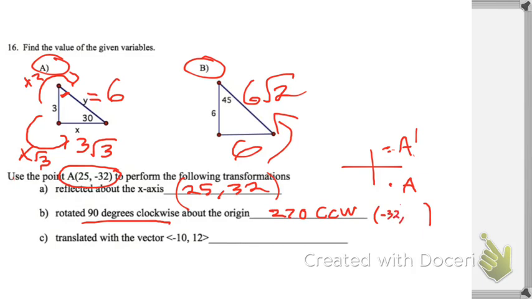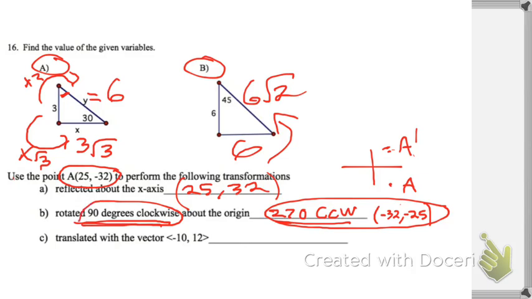And then what I put is the 25 in the back position. But that's the one I changed the sign of. So I make that now negative 25. So there's the coordinate of a 270 rotation, which is the same as the 90 degree clockwise rotation that I wanted. 270 counterclockwise, which is the method we know. We know how to do counterclockwise. That allows us to do 90 degrees clockwise, its complement.